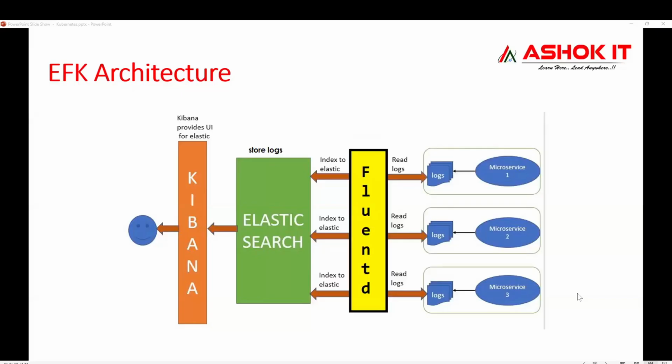So in the cluster, multiple applications will be deployed. Let's consider them as microservices. So we are going to deploy multiple microservices in the Kubernetes cluster. For every microservice, a log file will be available in order to monitor the logs.